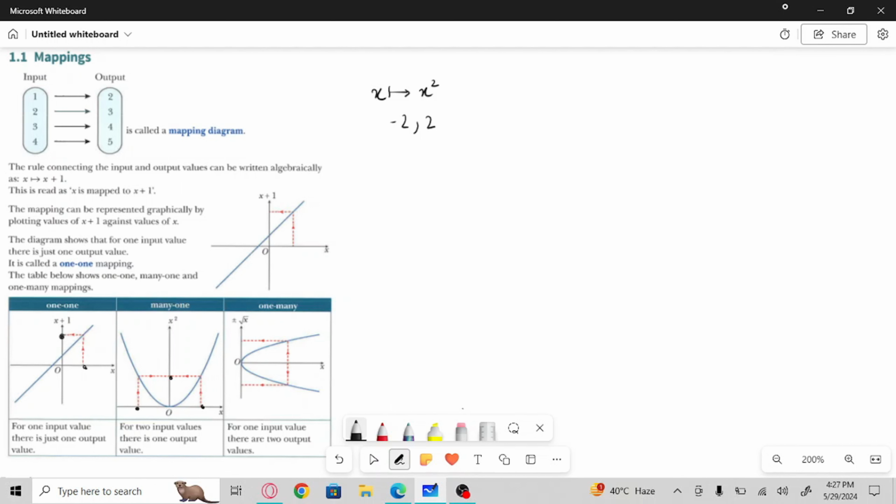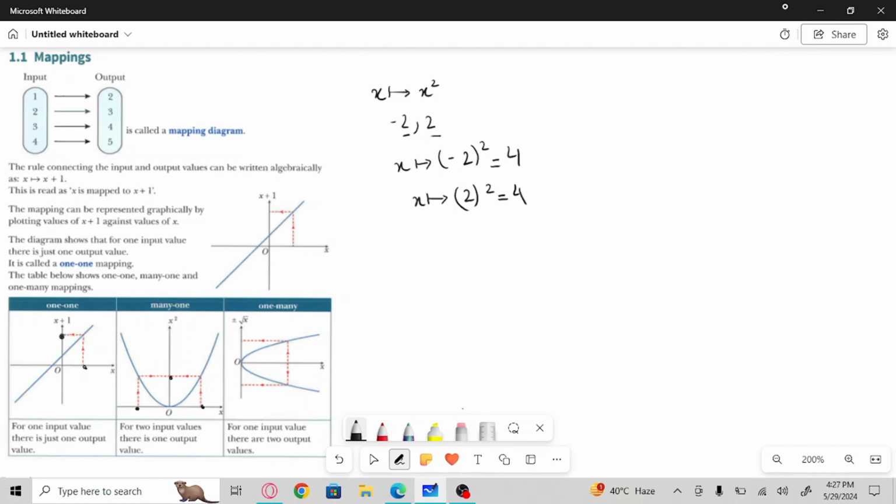So now if we find this out, -2 squared is equal to 4 and 2 squared is equal to 4. And as we can see, for two different input values, we get one same common output.